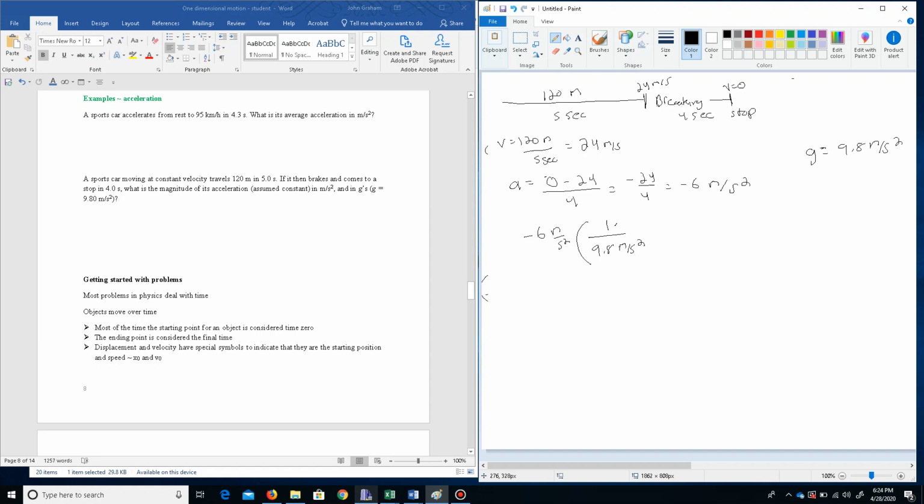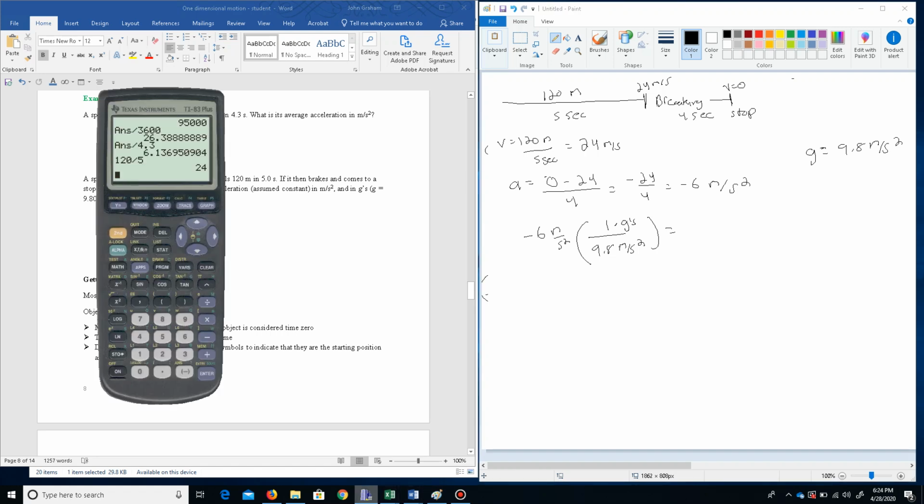Well, this will be how many G's? So negative 6 divided by 9.8. And you get negative 0.61 G's.